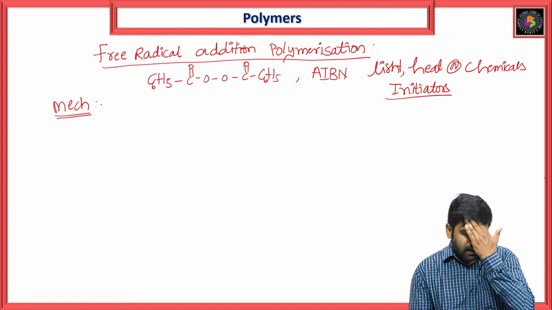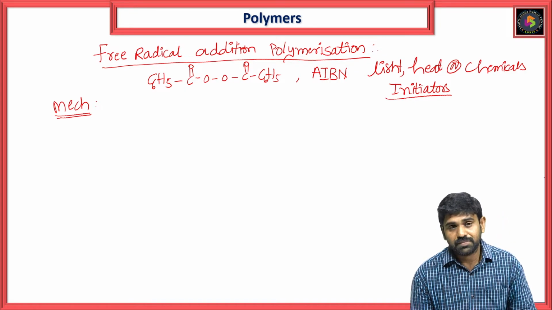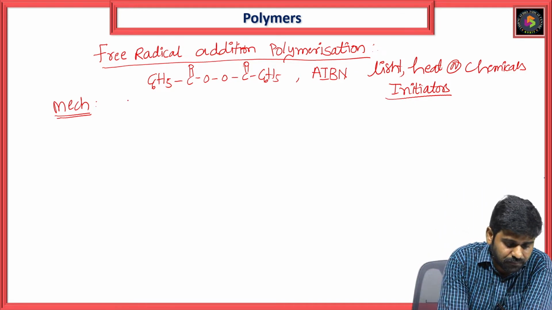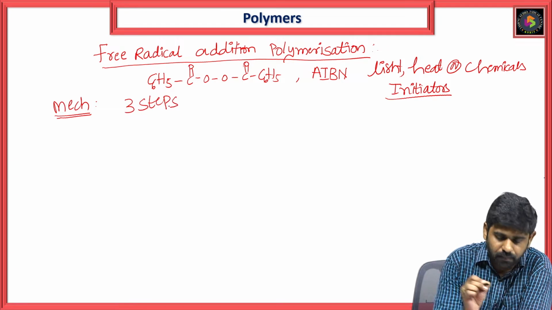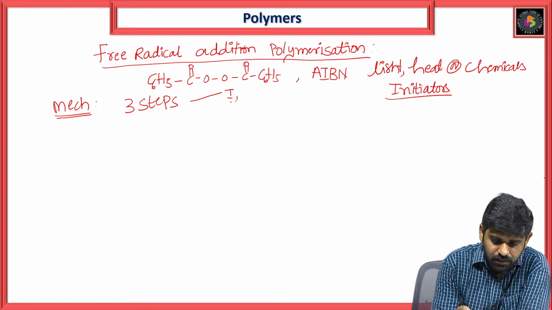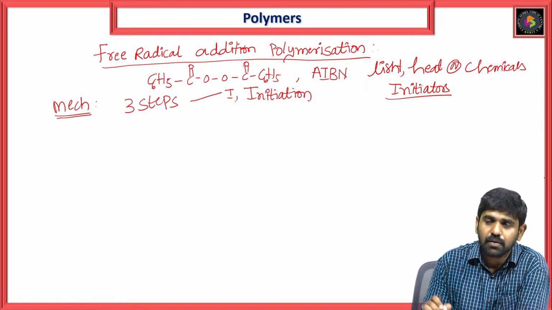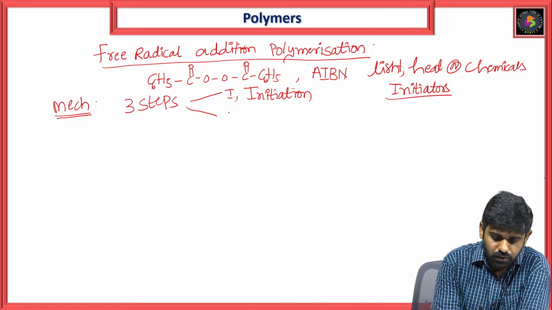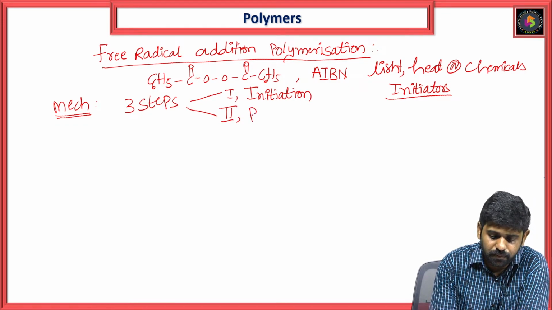This free radical addition polymerization consists of three steps. Step 1, initiation. Step 2, propagation.